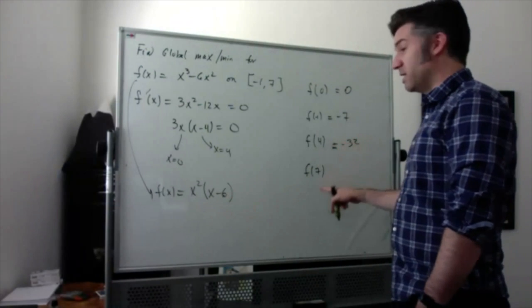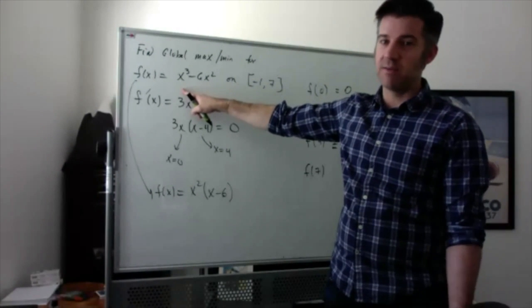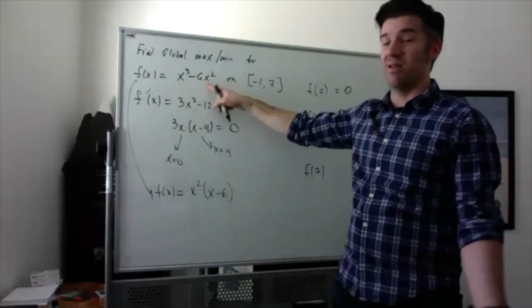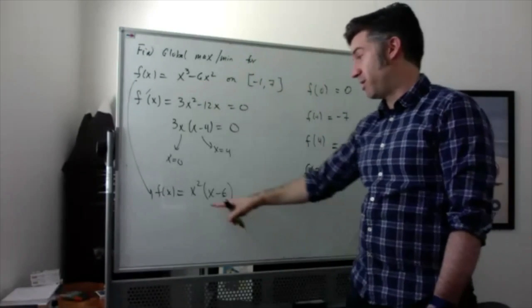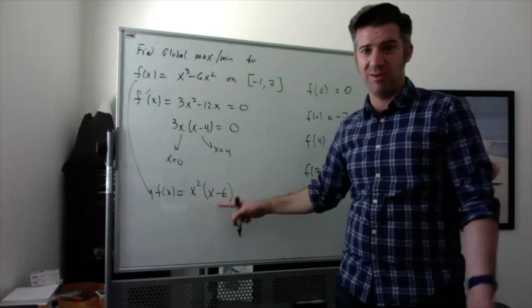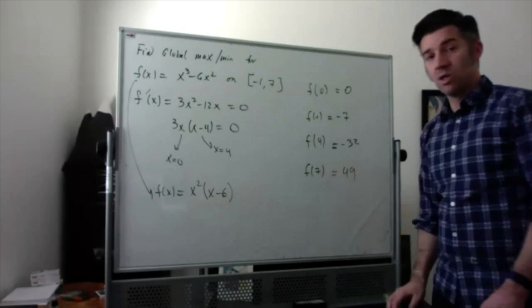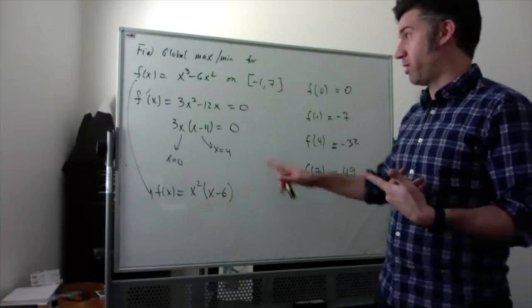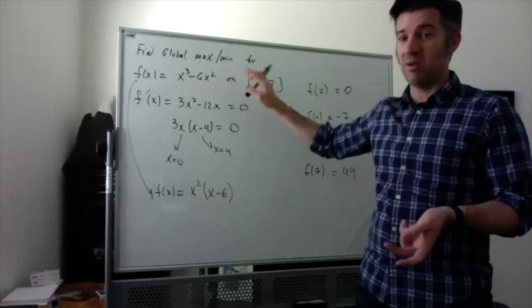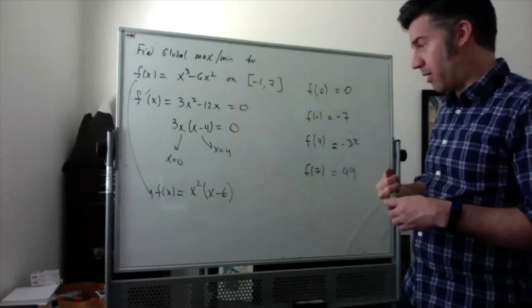It's also way easier with 7. 7 squared is 49. 7 minus 6 is 1. 49 times 1 is 49. It's really super easy. So, piece of advice, if you're plugging things back into the original function, it really does pay to factor the original function if you can.